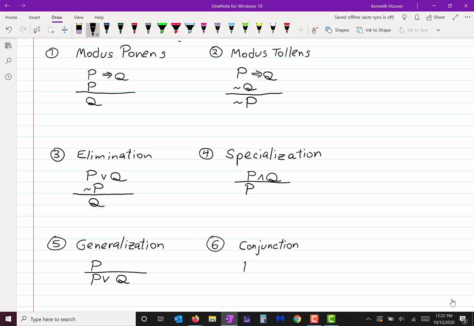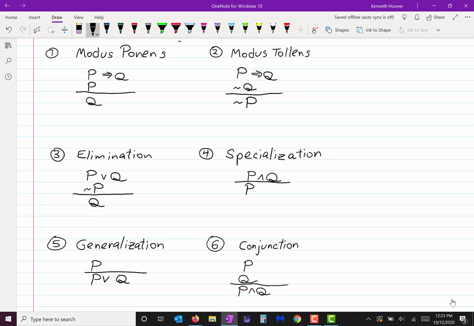If you're given P and you're given Q, then you can conclude P and Q. You're not really concluding anything that you didn't already have. It's just that you're taking two separate statements that you're given and putting them into one statement.